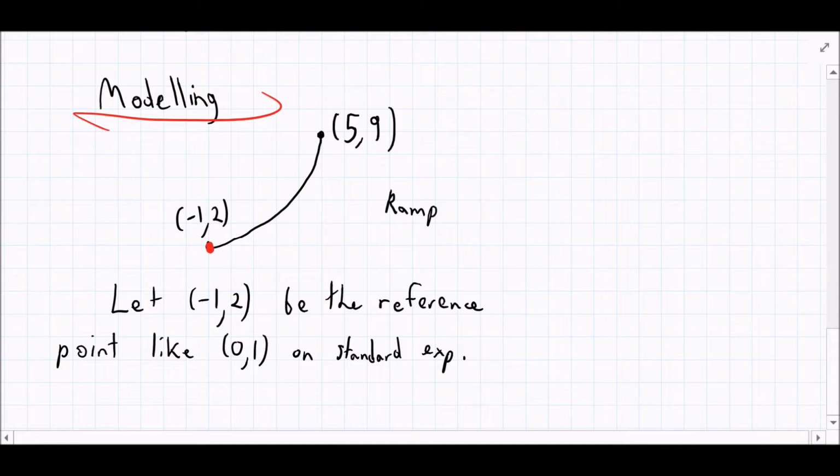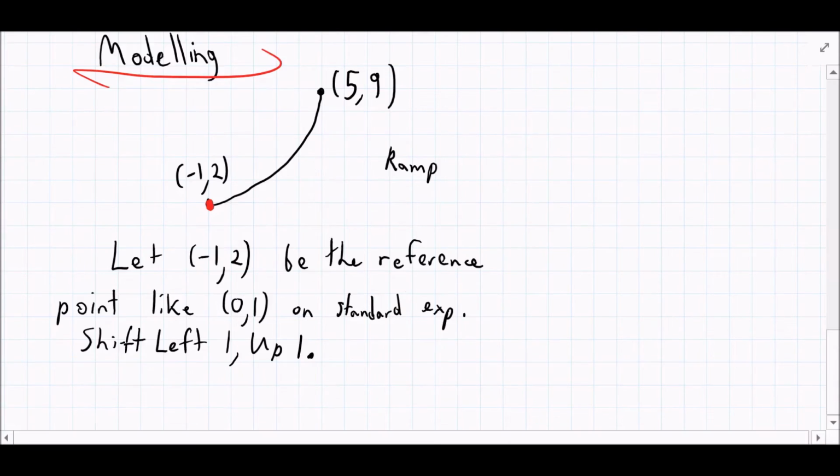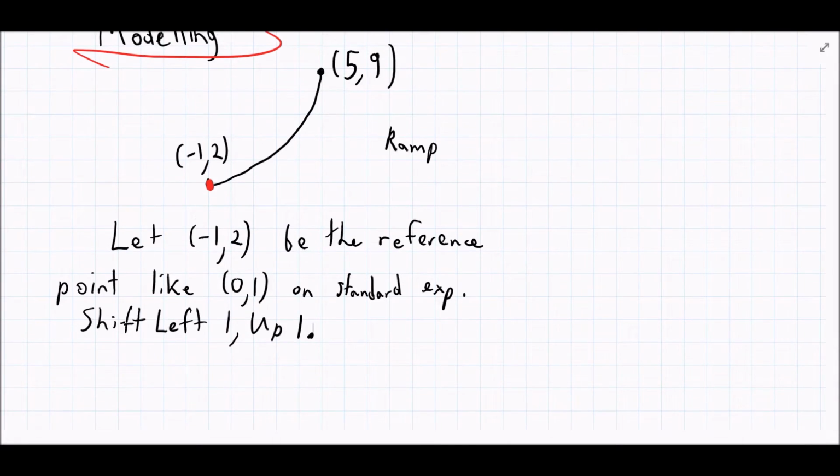So if 0, 1 needs to be shifted to -1, 2, that means that we've got a shift. I want to go from 0 to -1, so that's a shift to the left 1, and to go from 1 to 2 is only 1 unit, so that means I need to shift it up 1. So we need to remember that with an exponential, the c value is always going to be 1 less than where the point is, because it was at 1, so it has 1 less to move.